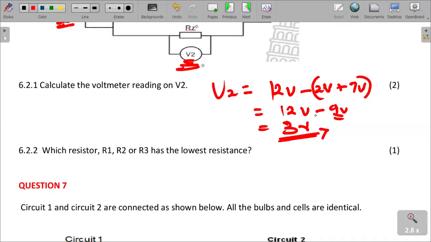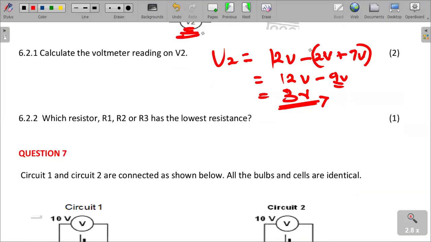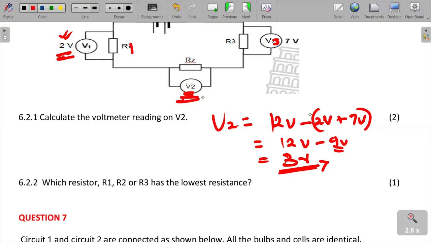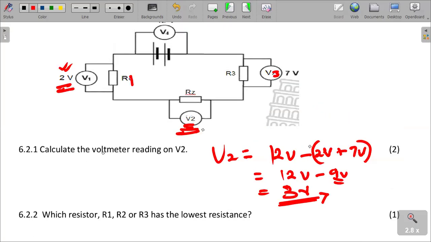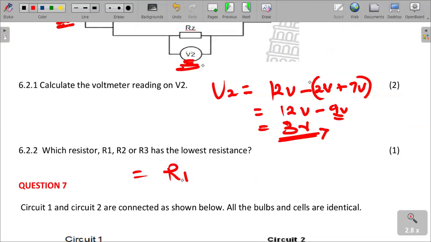And then the question is saying, which resistor has the lowest resistance? I'm sure we have explained this one. The lowest resistance is on R1. So R1 has the lowest resistance.